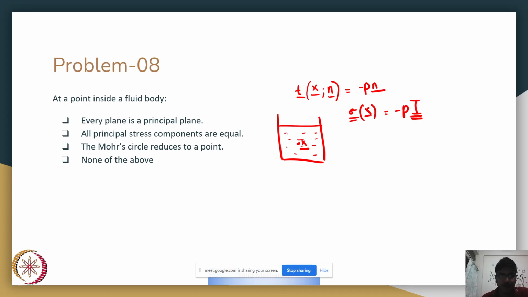So we know this, and we are asked whether every plane is a principal plane. Is this true? Yes.